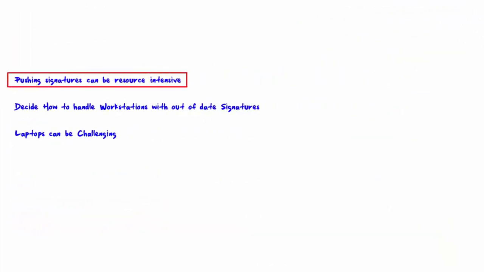As pushing signatures can be resource intensive, you can schedule signature updates to occur outside of business hours. Decide how to handle workstations with out-of-date signatures. If you view a workstation that has out-of-date signatures, you can update them manually.